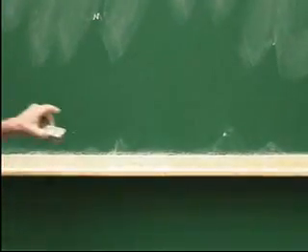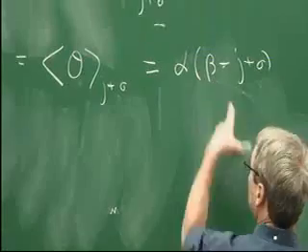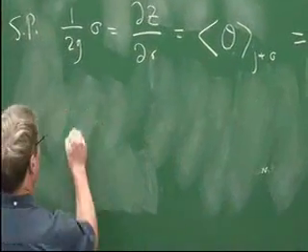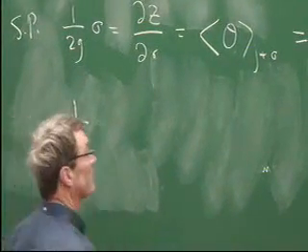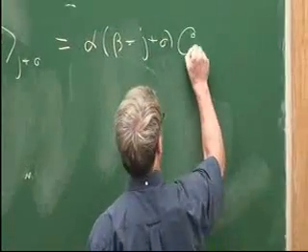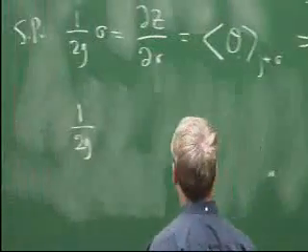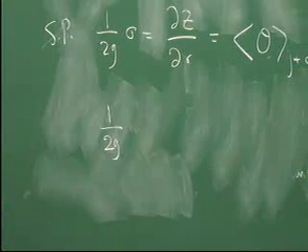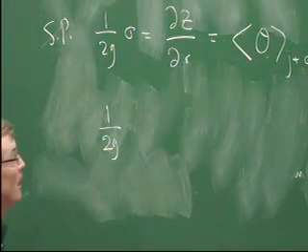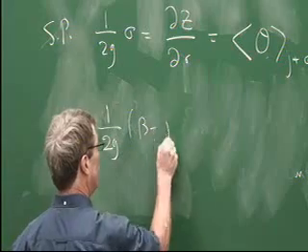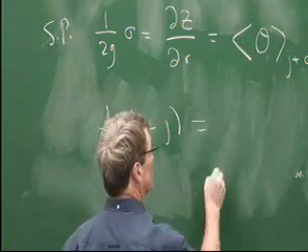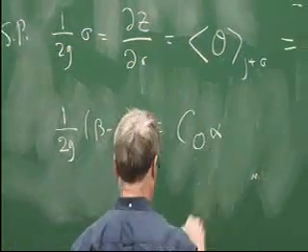quantized mode. And if we now plug in, rewrite what we have here is that 1 over 2g. Okay, actually, there's one of my c sub o's here, some constant. 1 over 2g (beta minus j) is equal to c sub o alpha.